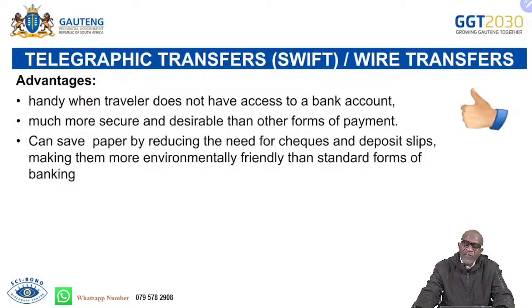Let us look at the advantages of using SWIFT as a method of payment. It becomes handy when the traveler does not have access to a bank account. So people who do not have bank accounts resort to this kind of method, and it works wonders for them. It is much more secure and preferred than any other form of payment.